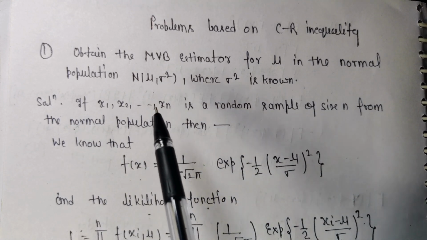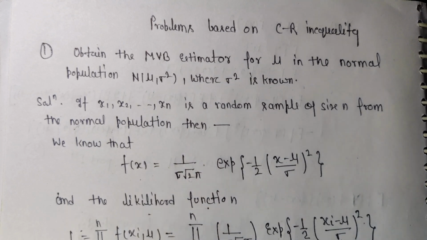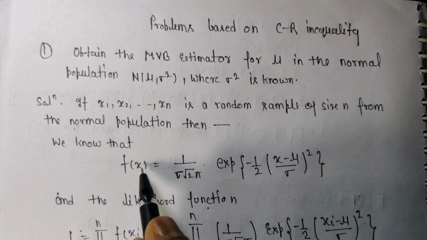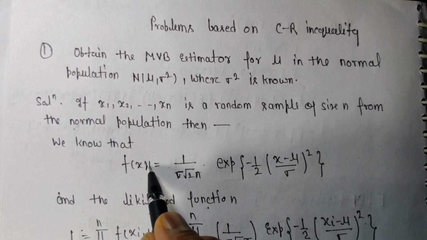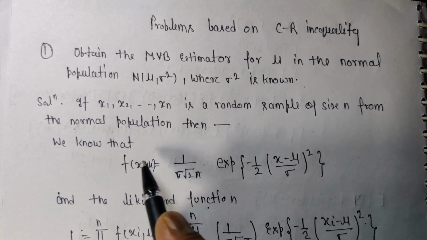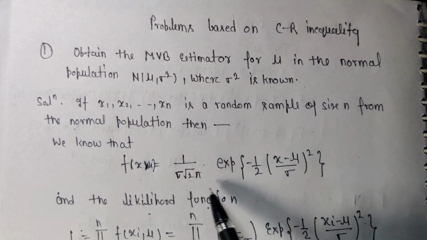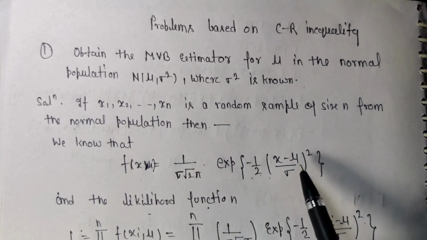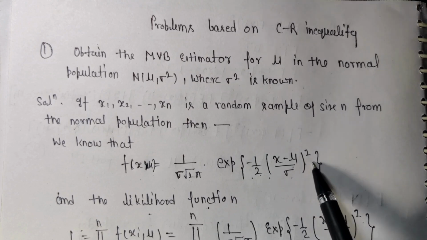the density function of the normal distribution, we can write it, f(x, mu) is equal to 1 upon sigma root 2 pi exponential minus half ((x minus mu) upon sigma) square.